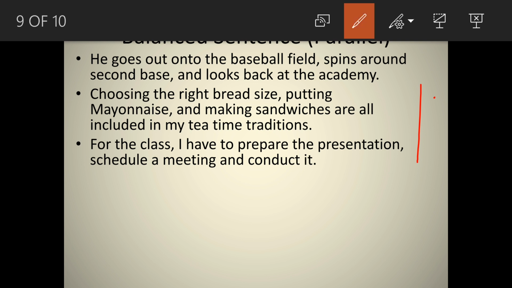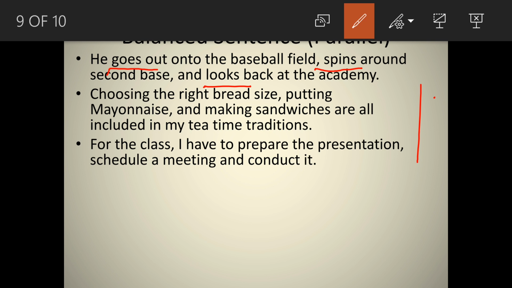Now, look at the verbs. He goes, spins, and looks. Goes, spins, and looks. Okay, all these verbs are in present indefinite tense and they have an S with them. Right? So this is what it means. So they are grammatically from the same category.